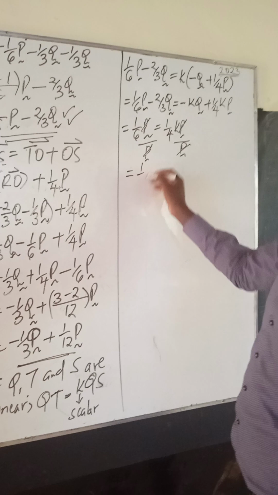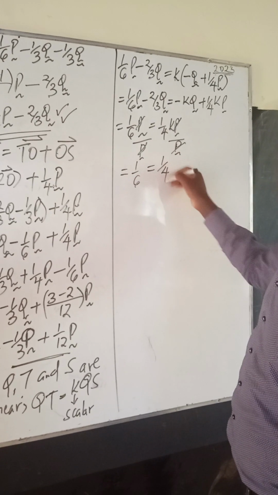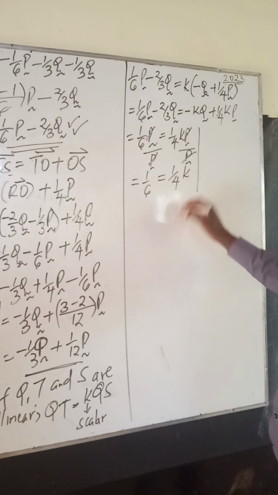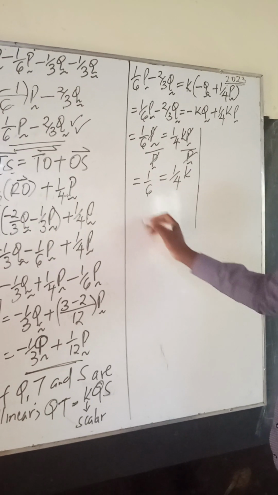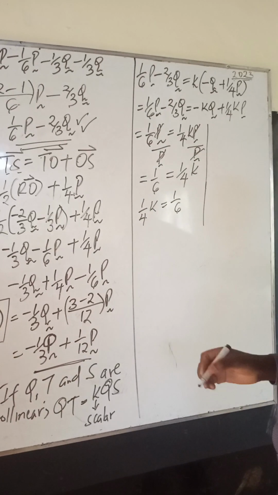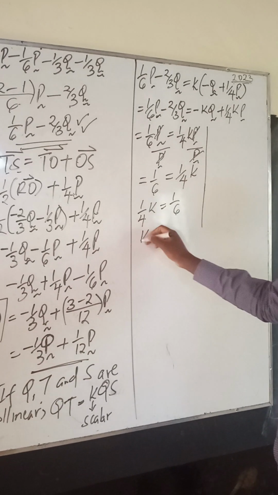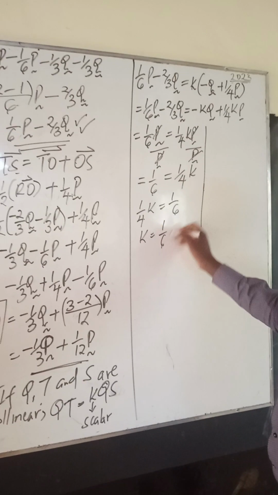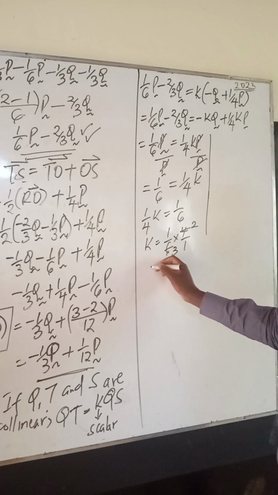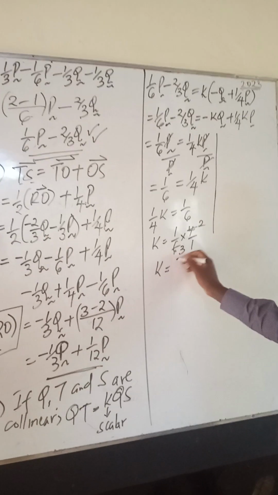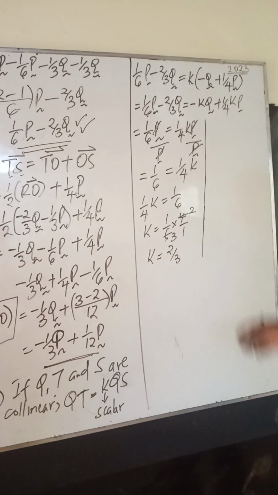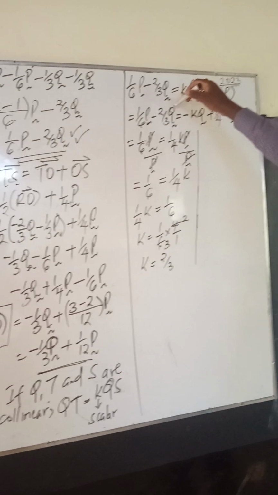I remain with 1/6 is equal to 1/4 K. Finding the value of K, a quarter K is equal to 1/6, meaning that K will be 1/6 times 4/1, which is 2/3. The value of K is 2/3.